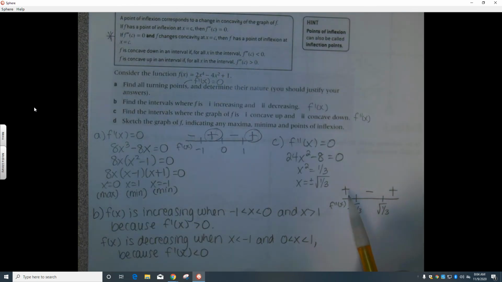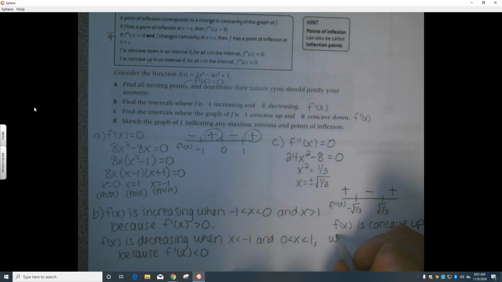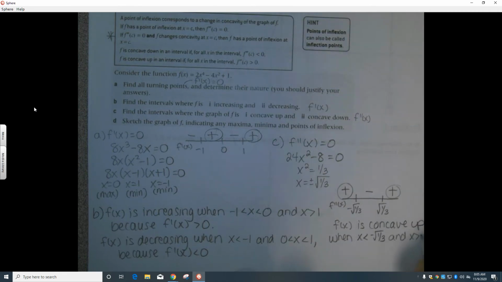So now we can write our statements, and we can say f of x is concave up when x is less than negative square root of 1/3 and x is greater than positive square root of 1/3 because f double prime of x was positive.